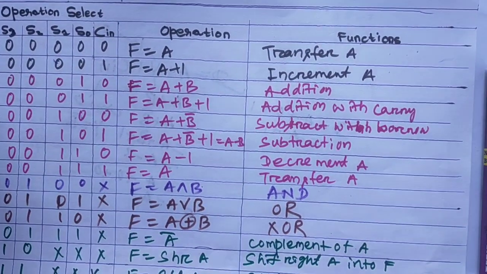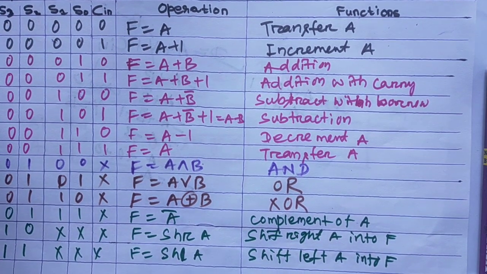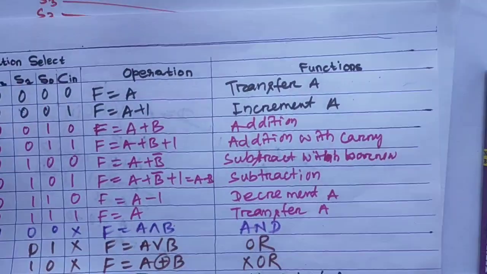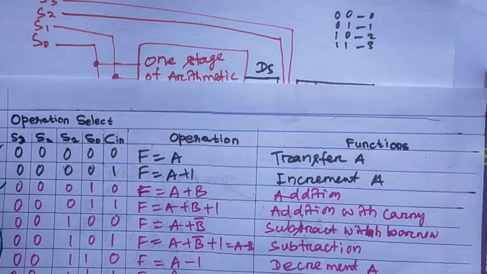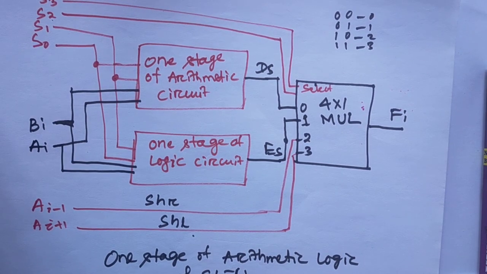This function table is very useful to identify which operation needs to operate. I hope all of you understand this concept of one stage of logic, arithmetic logic and shift unit.